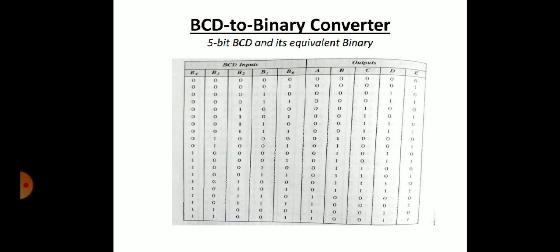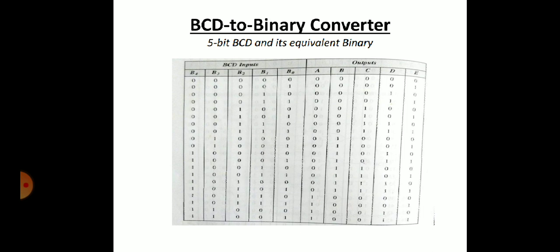So when you do the K-map for A, you will consider first B4 equal to 0. At this moment, do a K-map with the variables B3, B2, B1 and B0, and put the values up to the row where B4 is 0.